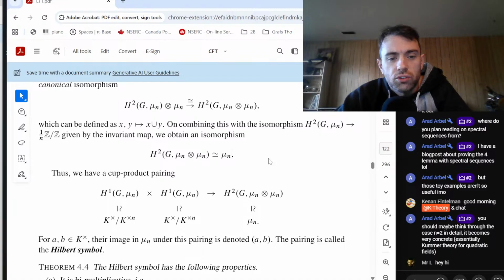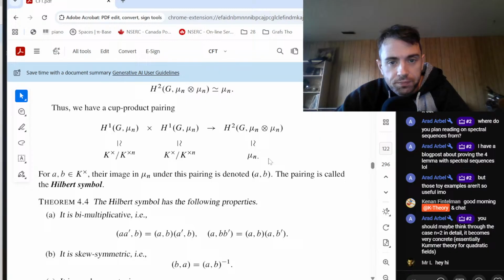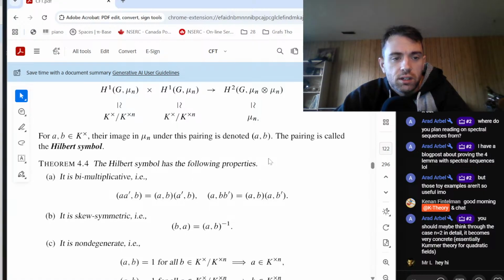So we have a cup product pairing here. I see. For a, b in K^x, their image in mu n under this pairing is denoted by this, and this pairing is the Hilbert symbol. Wow.